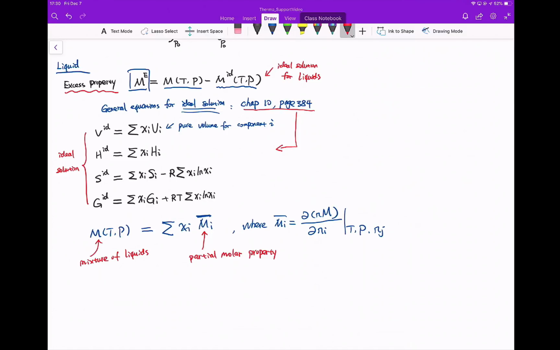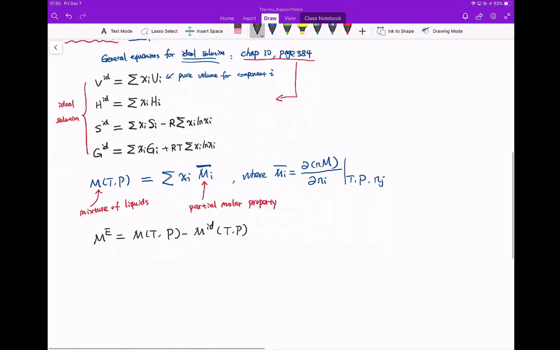Now coming back to the excess property calculation, we could rewrite this as the excess property is M at T, P minus M of the ideal solution at T, P. Let's start with the excess Gibbs.